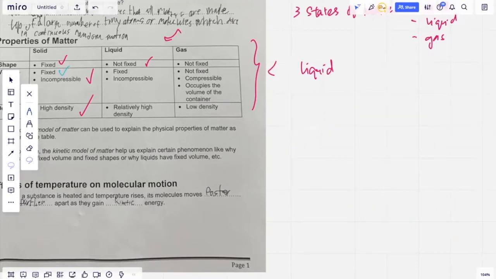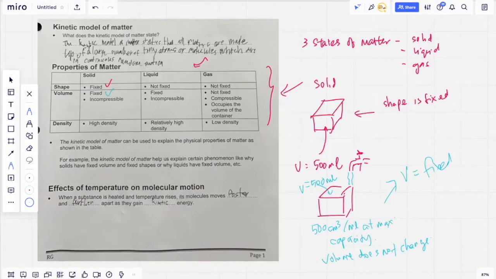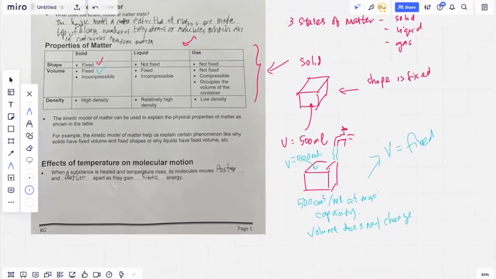Then the compressible and incompressible. Whether it's compressible or incompressible, that phenomenon is observed when I have, let's say, a syringe, a syringe with a plunger.